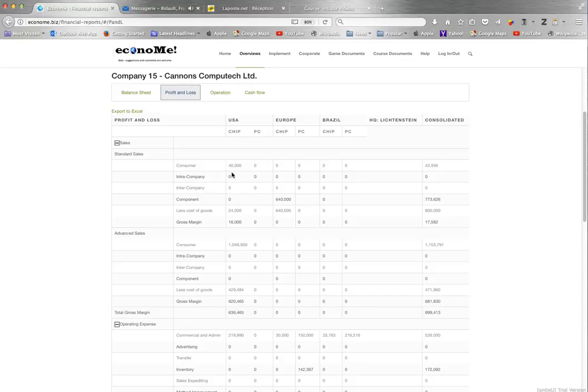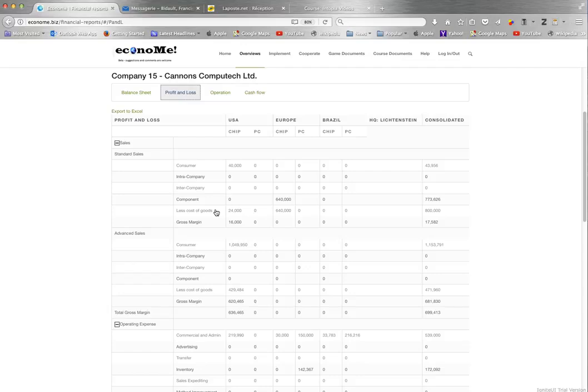Now, each of these are considered selling. That could be also for PC, but of course for the PC there is no component sale, it's only the first three categories.